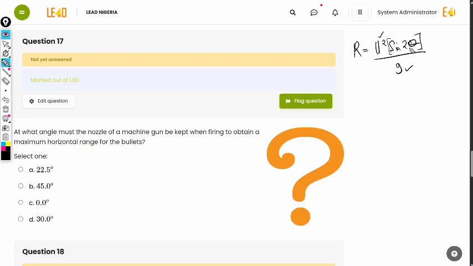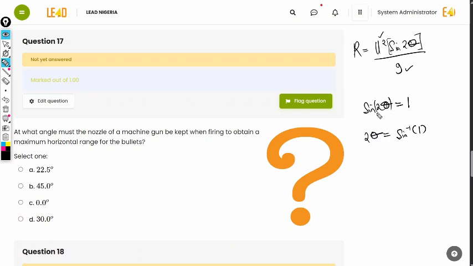The maximum value for sine of anything is 1, right? So if sine 2 theta is going to be equal to 1, that means 2 theta would be sine inverse of 1. Does that make sense?